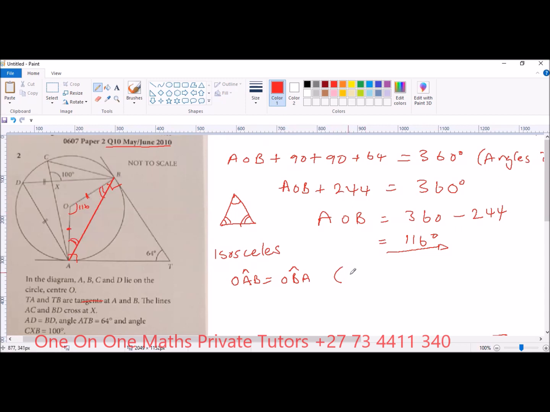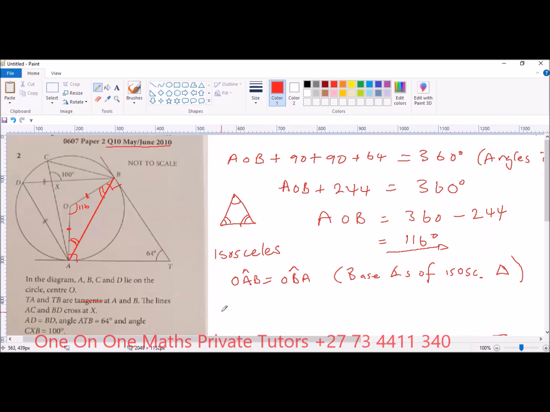Reason: base angles of an isosceles triangle. So shorthand, you must know your shorthand. This is the sign for angle: base angles of an isosceles triangle.